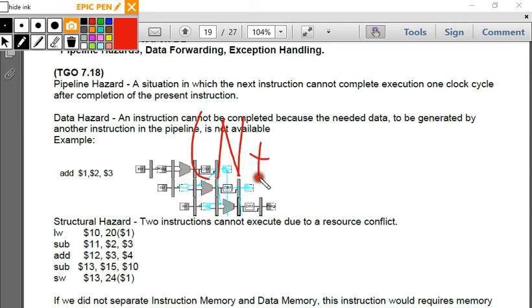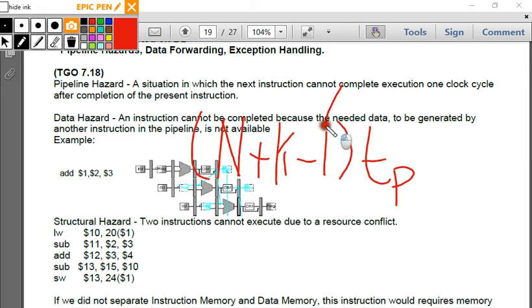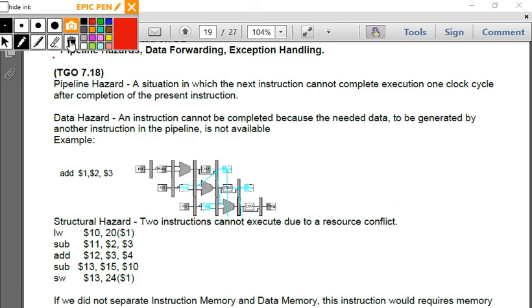Exactly right. And so this minus 1 here corresponds to that. So the number of instructions plus the number of stages minus 1, times the clock cycle, is an ideal situation. So now we're getting to these non-ideal situations, right?